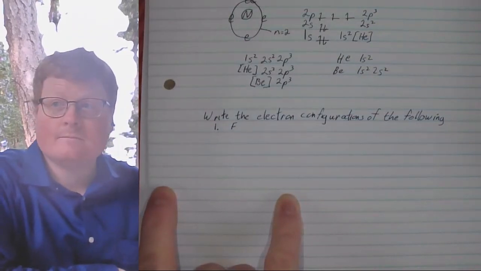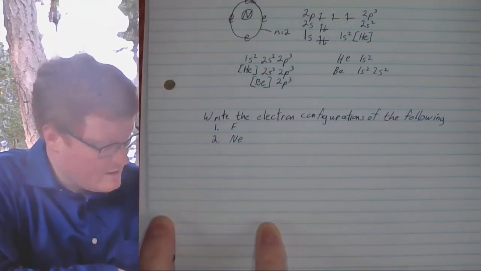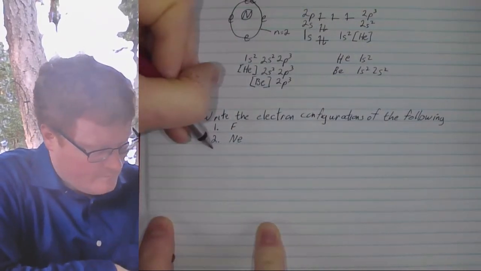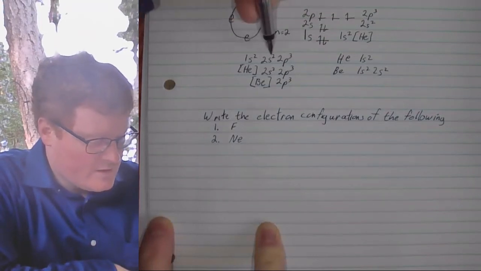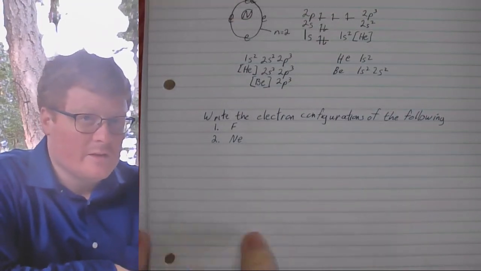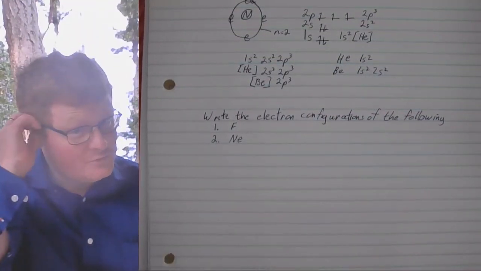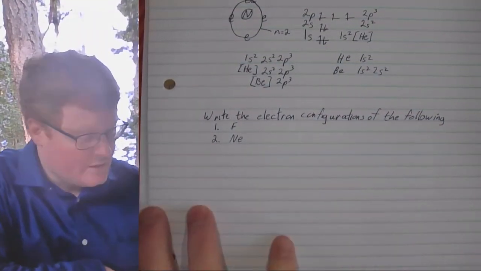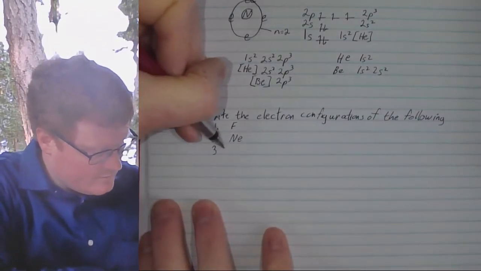Fluorine, neon, and the electron configuration is just the 1s2, 2s2, 2p3. I don't want you to do any shorthands yet. I'm introducing it as a way we use it in the future, but I need you to get in the habit of filling it. You can fill out the orbital diagram if you want.